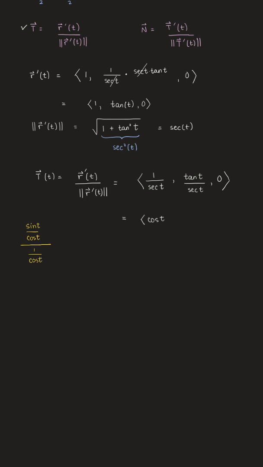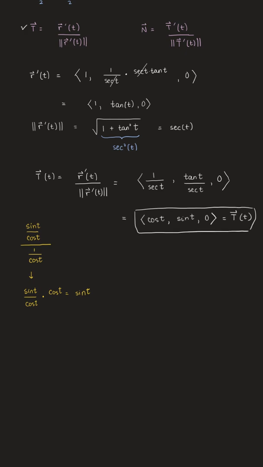This is the same as sine t over cosine t times the reciprocal of the denominator, which is cosine t. And so actually this will just be sine t. So my second component of my unit tangent vector will be just sine of t, and our third component is 0. So here we have our unit tangent vector in terms of t.